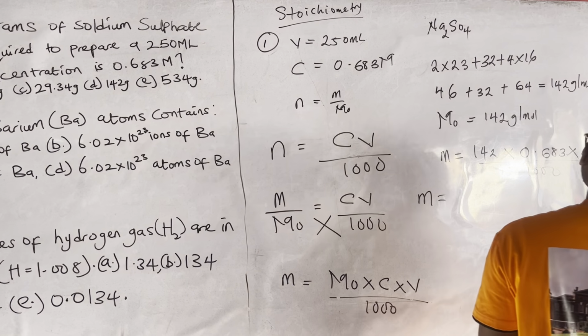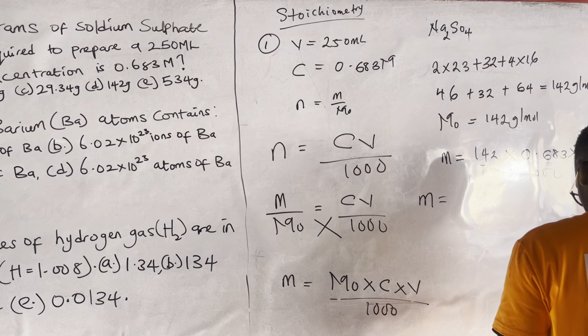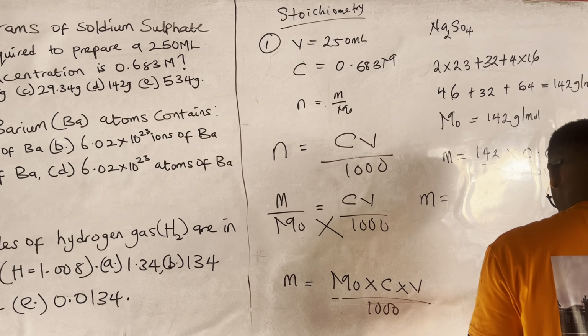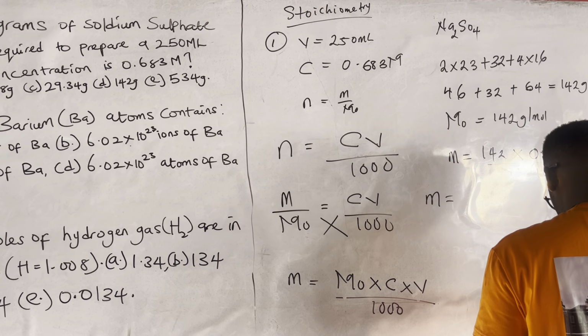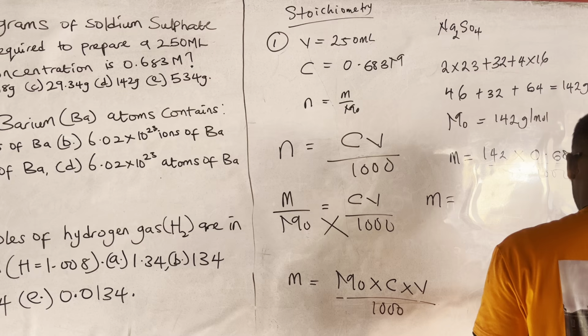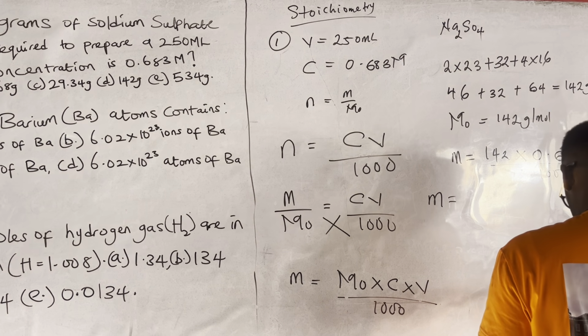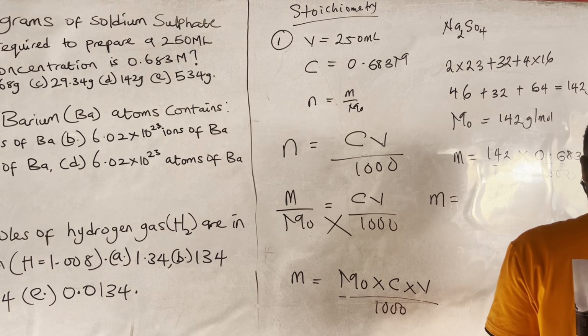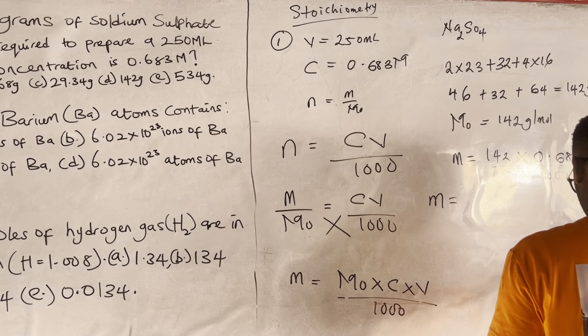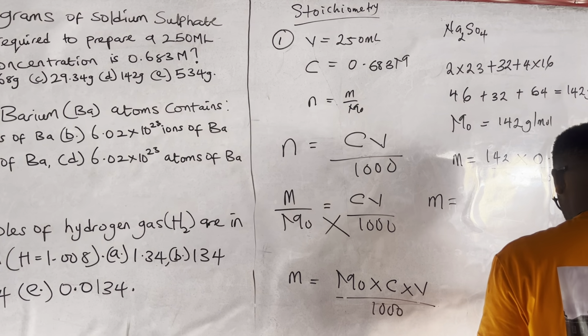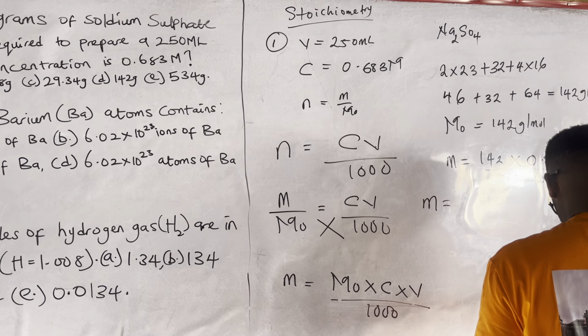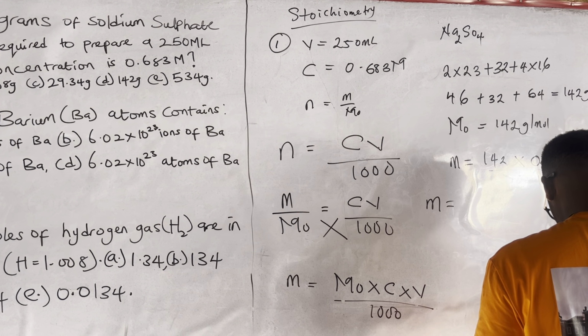we have 142 times 0.683 multiplied by 250, then divided by 1000.